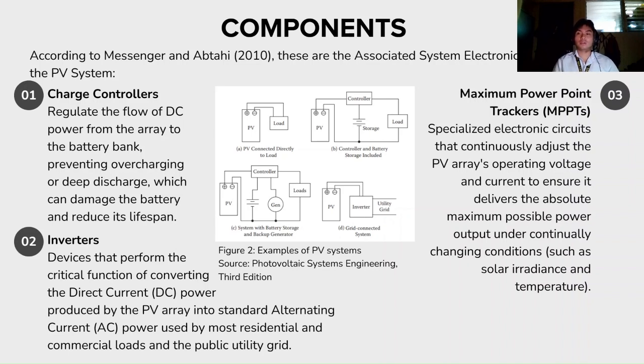That's the job of the maximum power point tracker. It continuously adjusts the voltage to deliver the absolute maximum possible power. Remember, power is current times voltage. That's it. Those are the associated system electronic components in the PV system.